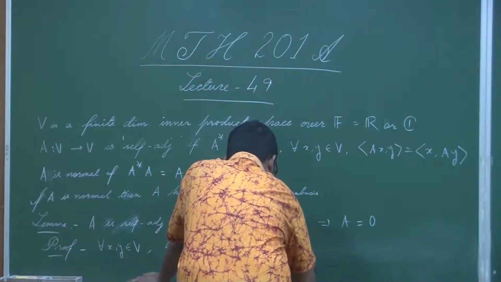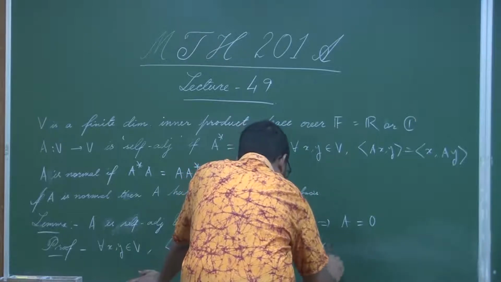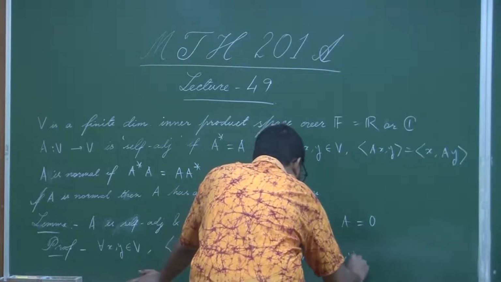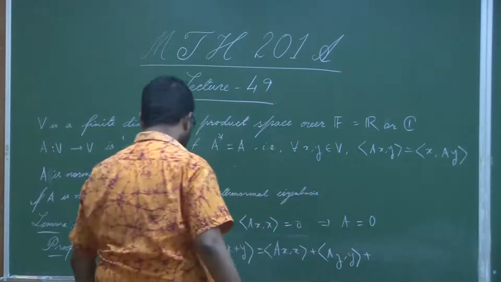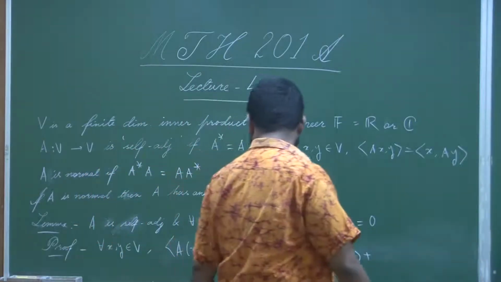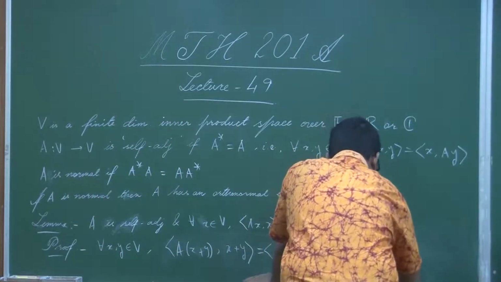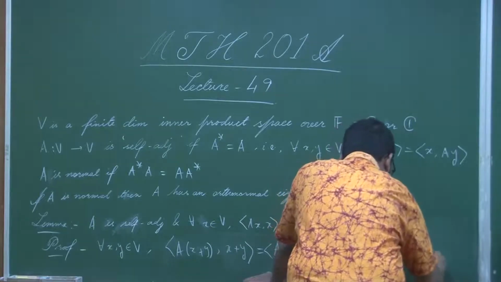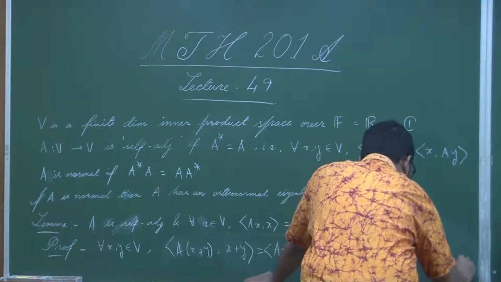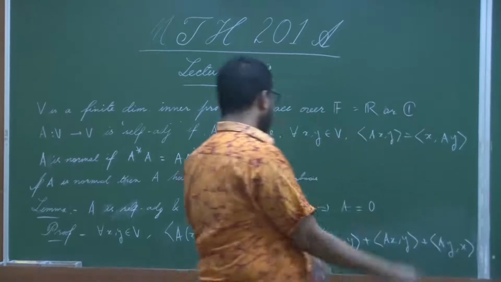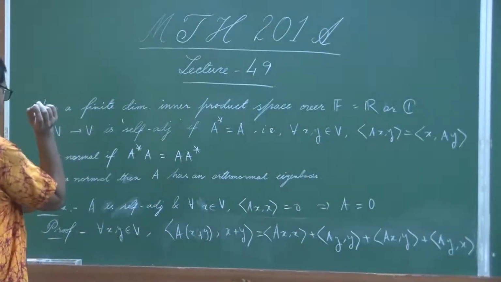So, this is as usual Ax x, Ay y, then you will have Ax y and Ay x. Right, this is what you are going to have.